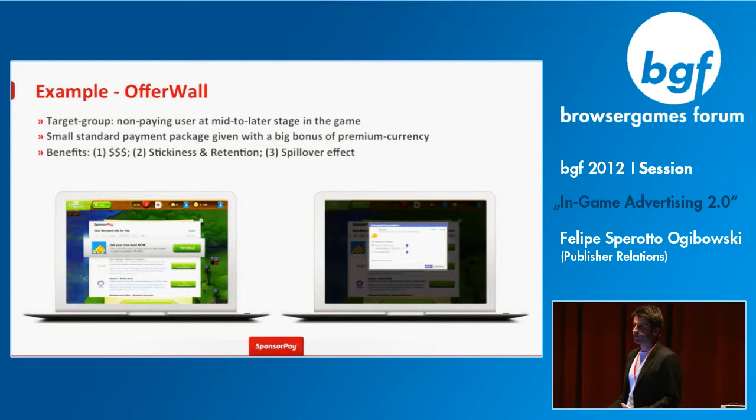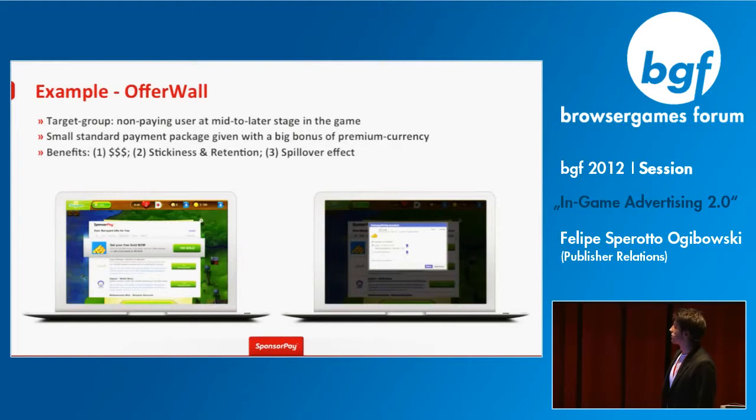Then they get more interested, they need more currency. Some of those users will pay, so they can pay for the premium experience within the game. Some will still not, but they might watch a video, or they might register for a website or complete a survey, so they'll have that bigger package of virtual goods or virtual currency.